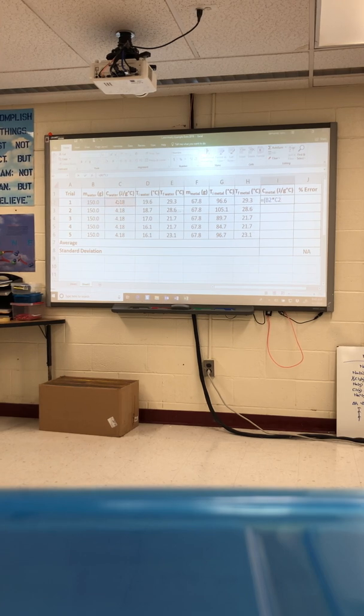Now I have to include another set of parentheses. And inside this set of parentheses, oops, I did that too quickly. Inside this set of parentheses, I'm going to say TF minus TI.